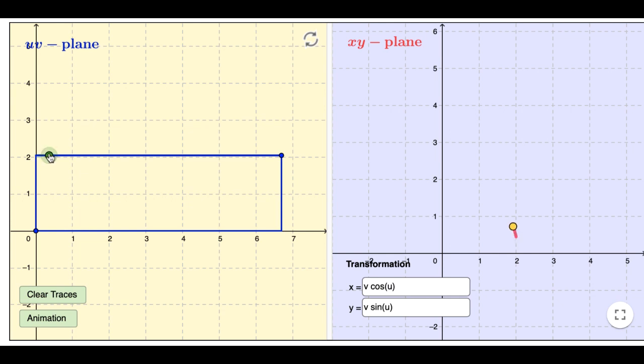So you should see on the right hand side, as the green particle moves, the yellow particle moves as well. Sorry about that. You have to go slowly so that it traces everything out without issues.